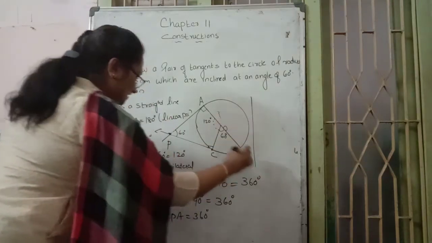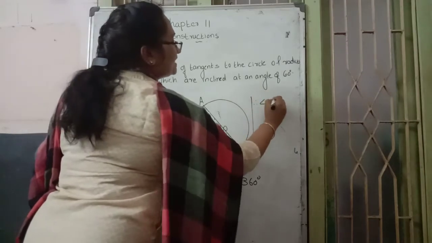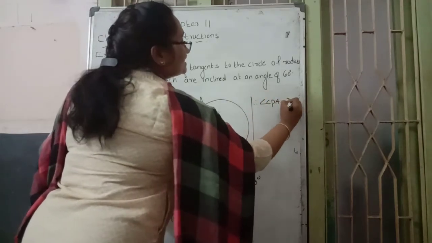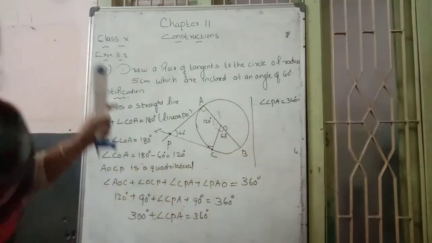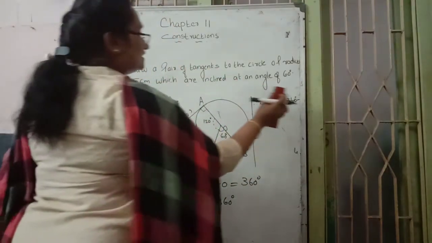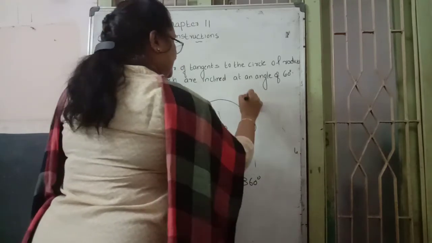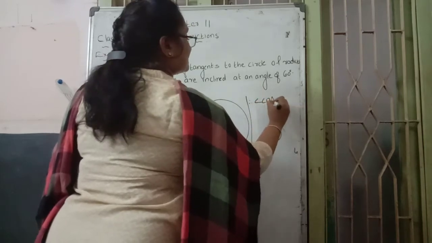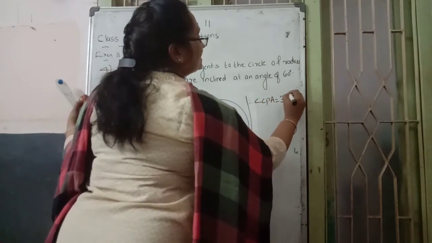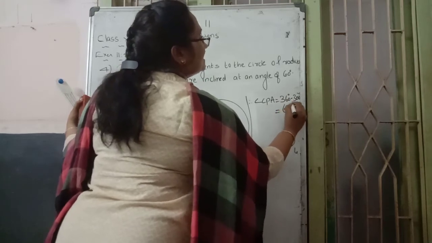So therefore we can conclude that angle CPA is equal to 360 degrees, and 300 goes to the opposite side and becomes minus 300. So I write here, therefore angle CPA is equal to 360 degrees minus 300. Subtraction gives 60 degrees.